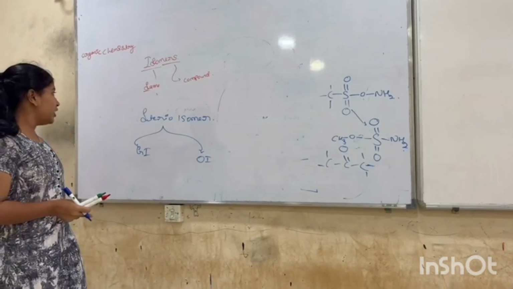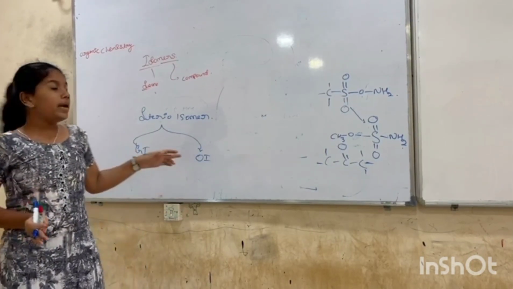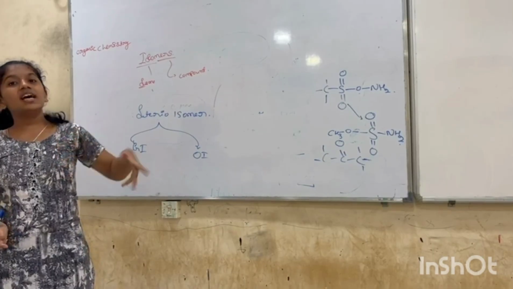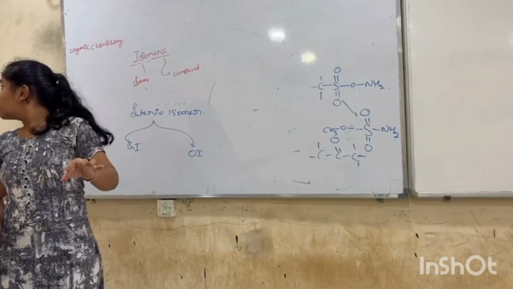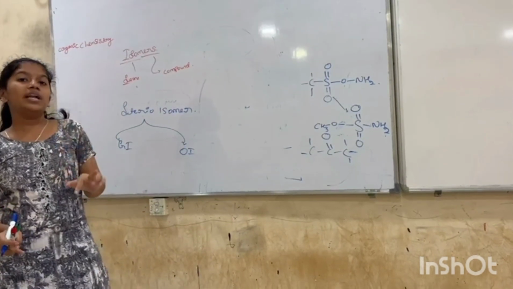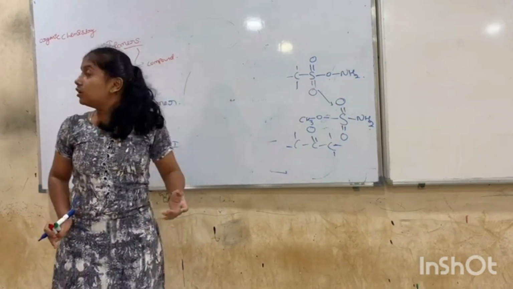In case of structural isomer, the shape was different. But in case of stereoisomer, the structure is also the same, the molecular formula is also the same. But the physical and chemical properties are different.